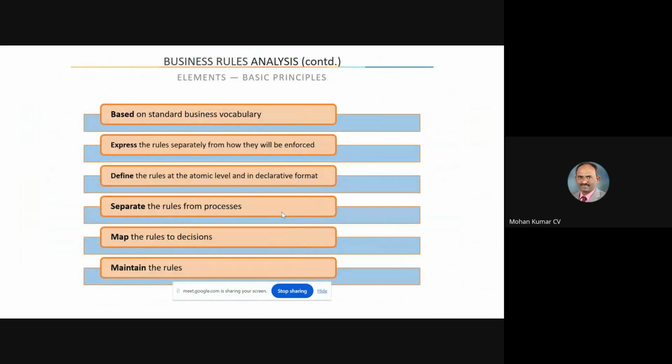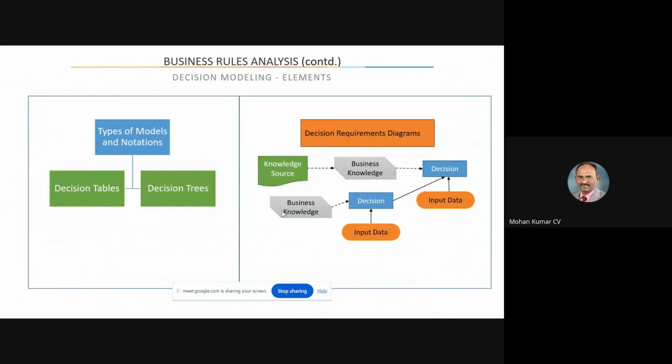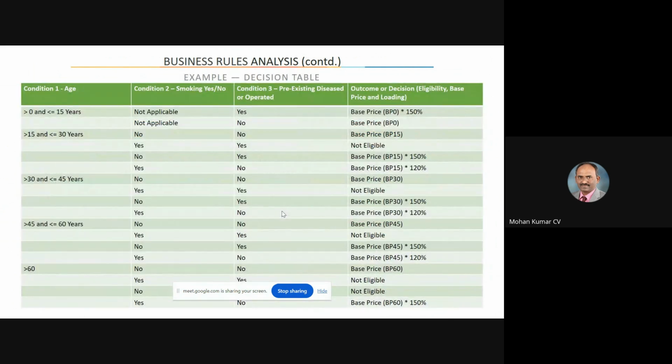See here, business rules analysis. These are the different techniques, decision model elements. In business rule analysis, there is the decision table. You would have heard about decision tables, no? Paula, have you? In this case, this is a table for insurance premium.